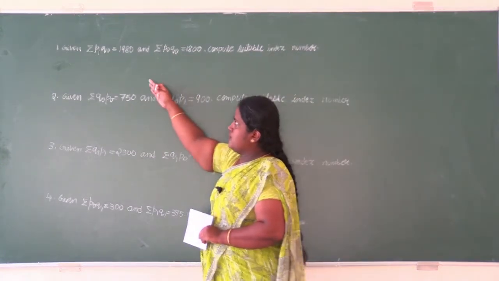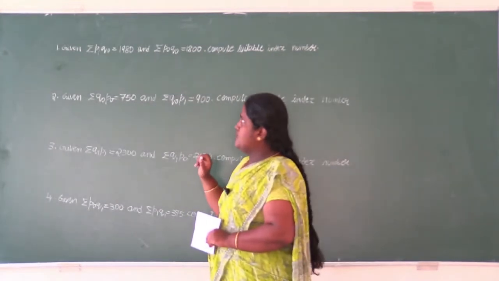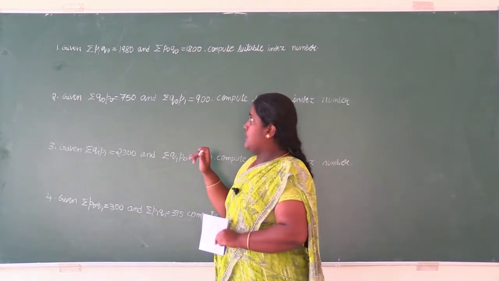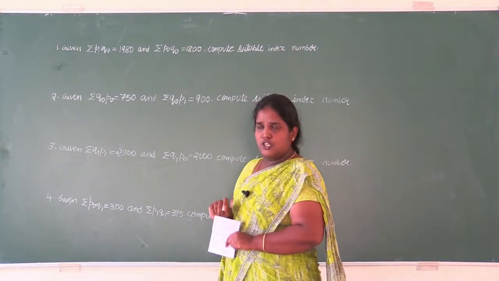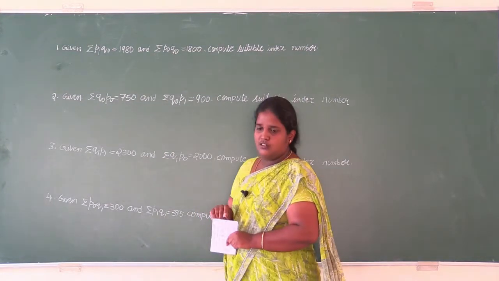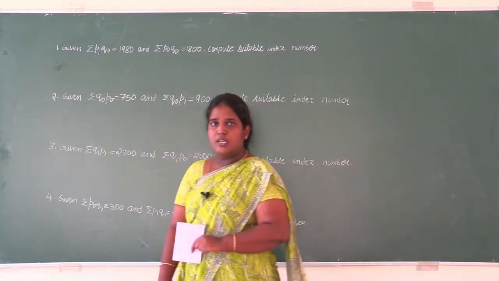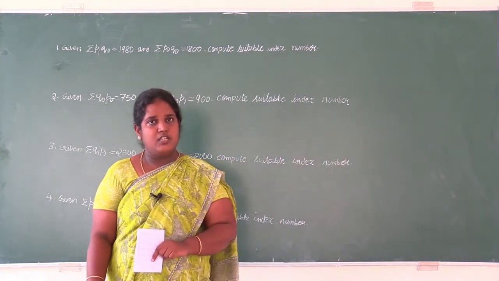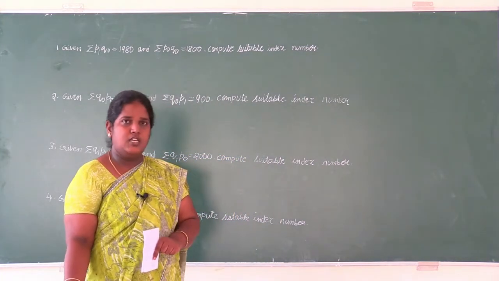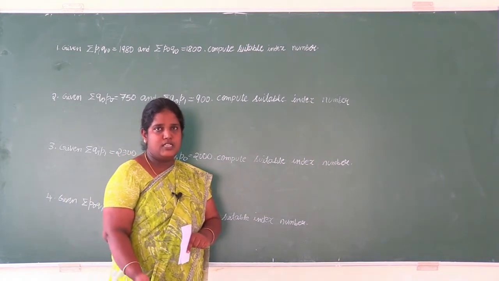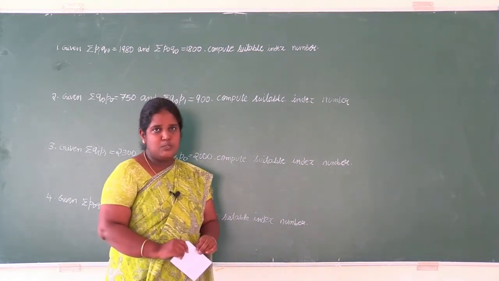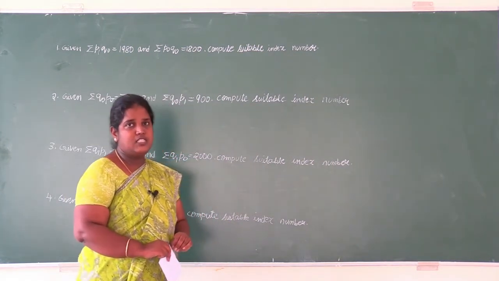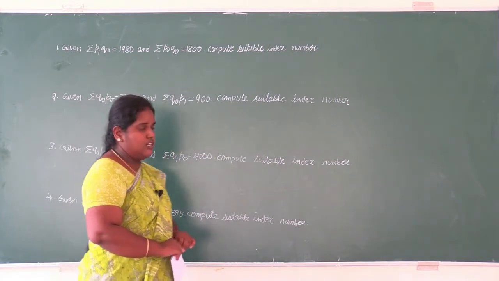The first one: it is given sigma P1 Q0 equals 1980 and sigma P0 Q0 equals 1800. Compute suitable index number. Remember, here they won't specify whether it is price index number, quantity index number or value index number. Anything will not be specified. So we have to understand by seeing the given data.